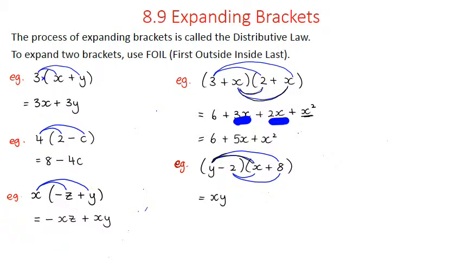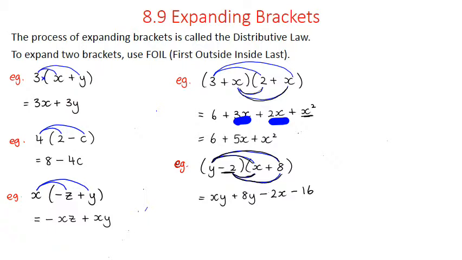The outside terms, y times 8 is 8y. The inside terms, we've got negative 2, right? Don't forget about the negative. Negative 2 times x is negative 2x. And you've got negative 2 times 8, negative 16.